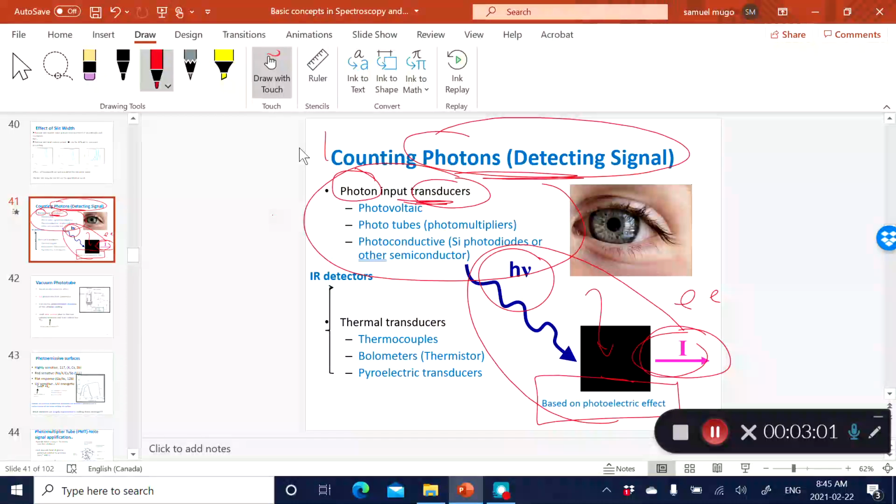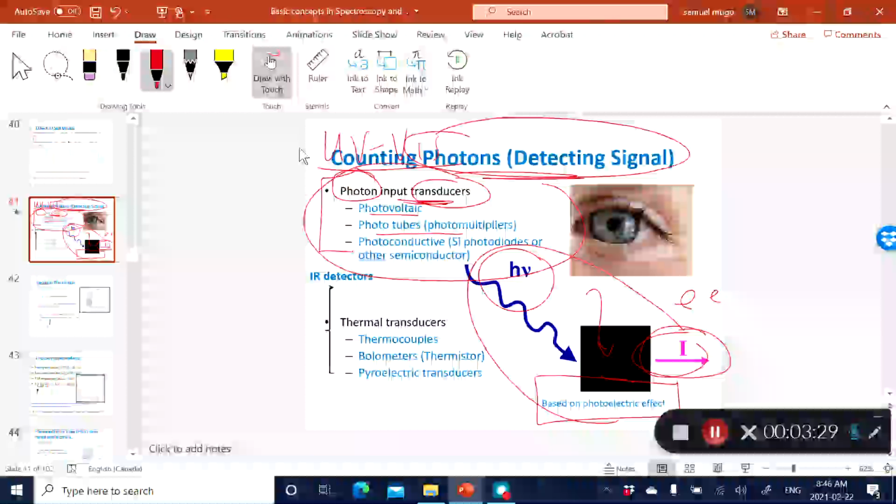Now, for the UV spectrometers, you would see these are the most common types of transducers. One of them is a photovoltaic, which is not very different from the solar panel, the solar cells. There are the phototubes, which we're going to talk about. Again, totally based on the photoelectric effect, the phototubes.